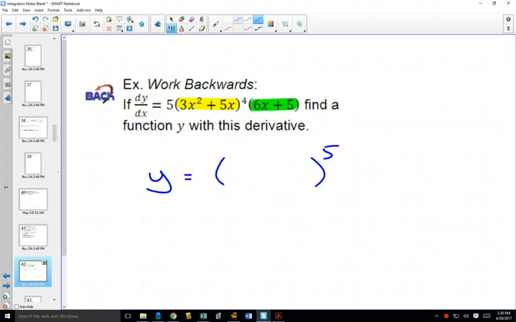So that is easy to see that that 5 got brought out in front first, and then the exponent became a 4, and then the chain rule would say you need to multiply by the derivative of the inside. Well, that green part is just the derivative of the inside part, which I'll highlight in yellow. Of course, there could be a plus c.